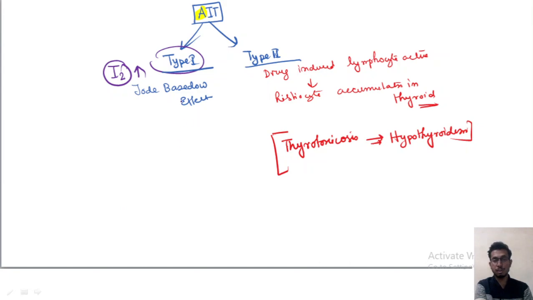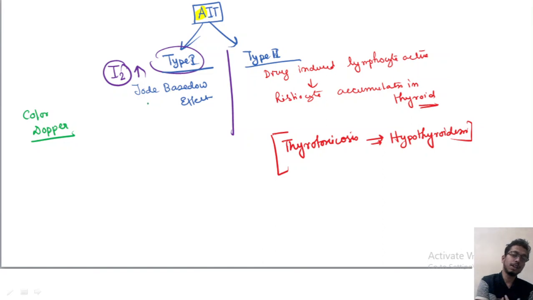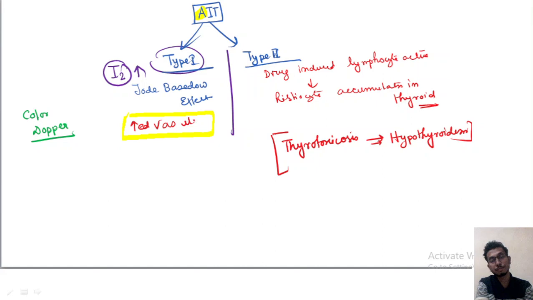Now, how to differentiate? It is very much essential to differentiate between type 1 and type 2 because management differs. Okay. So if we check the color Doppler of the thyroid gland, as activity is increasing in type 1 because of the increase in the iodine content, obviously there will be increased vascularity.